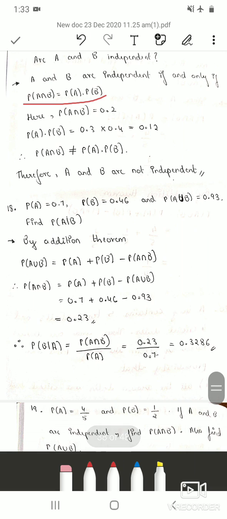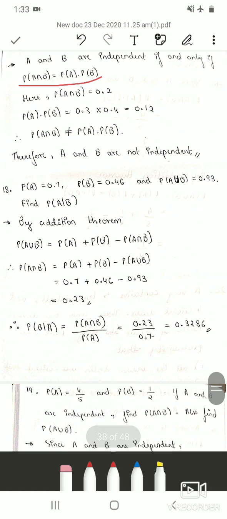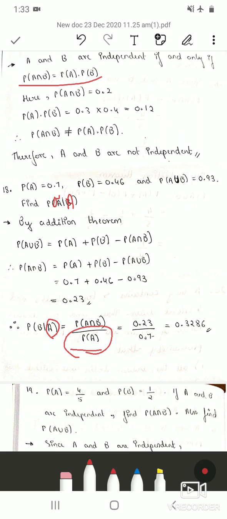So the 18th question is, if probability of A is 0.7, probability of B is 0.46 and probability of A union B is 0.93, find probability of B given A. To find probability of B given A, the formula is probability of A intersection B divided by probability of A. Whatever event has happened, you have to take it in the denominator.